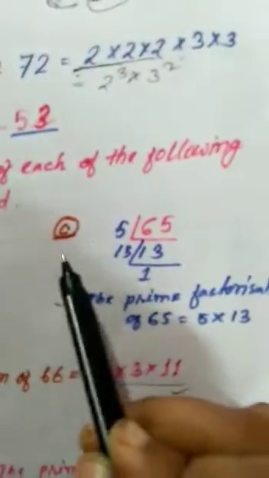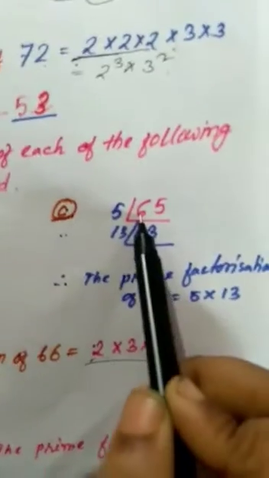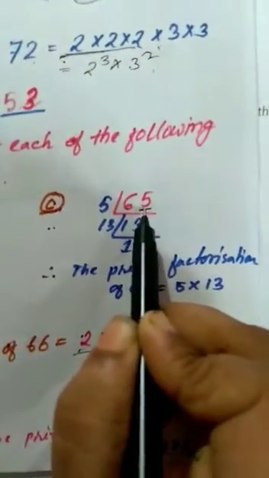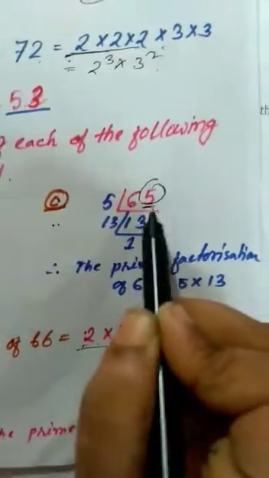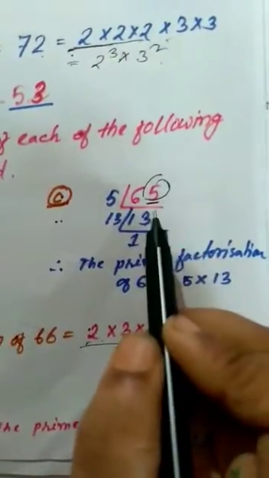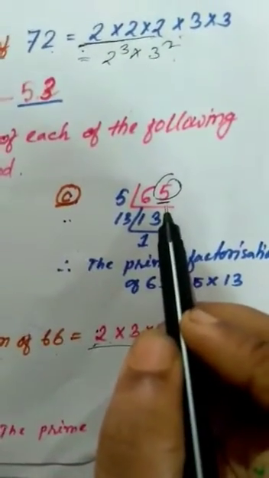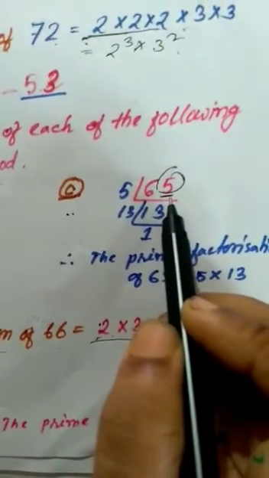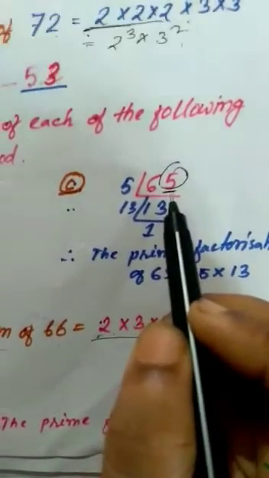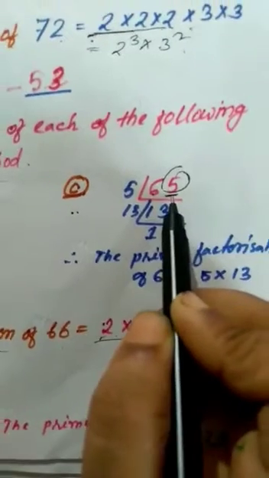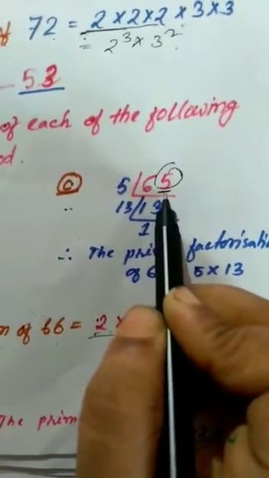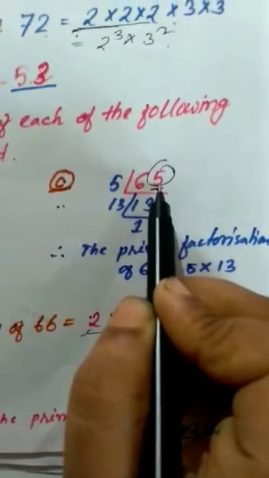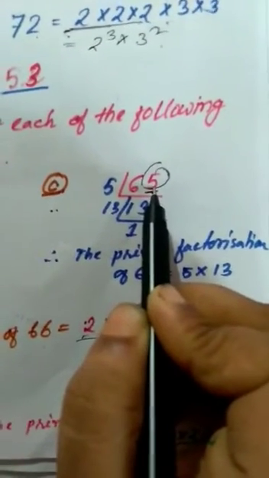Next is question number C I have taken here, and it is 65. So how we can solve it? You can notice here that the 1's place digit is 5, and as you know, any number is divisible by 2 if the last or unit digit is either 2, 0, 4, 6 or 8, but here it is 5. That means it will not be divisible by 2.